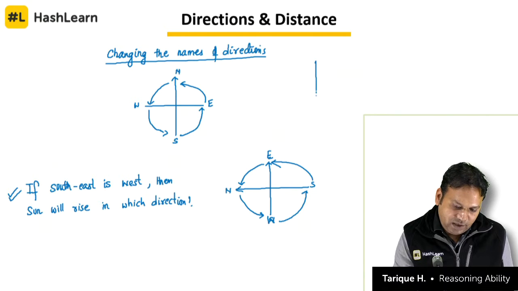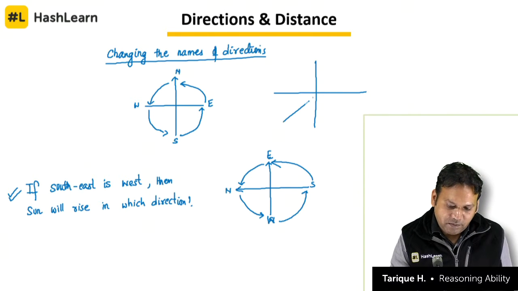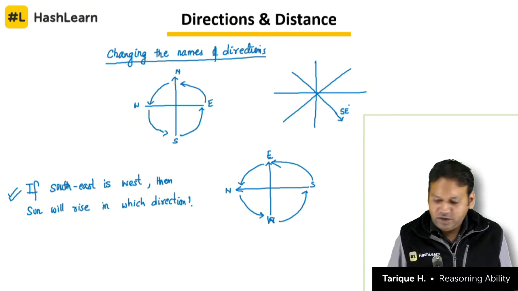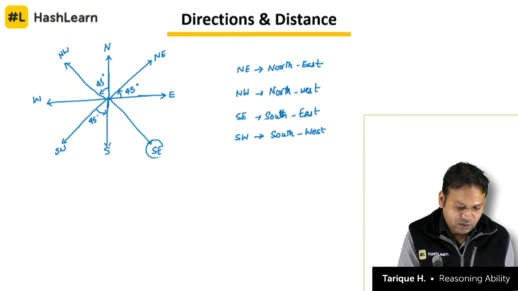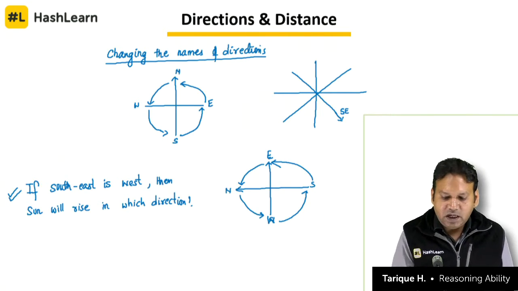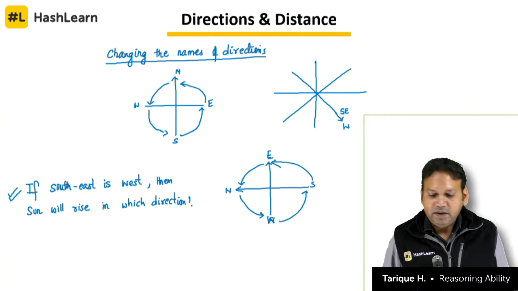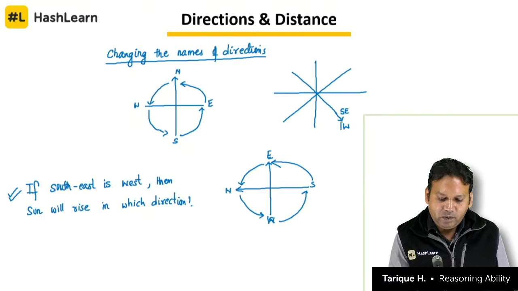So if I take the 8 directions and make a diagram here, we know that this is what is called southeast. See, in the previous figure also, this is our southeast. Clear? So this is southeast, and southeast has become west.